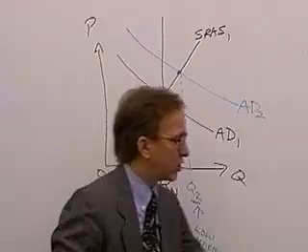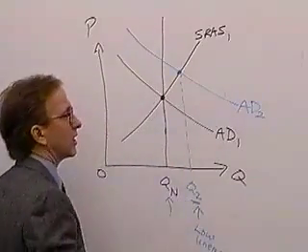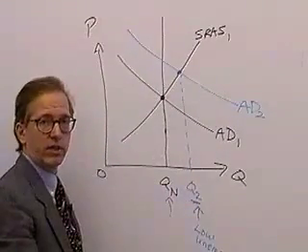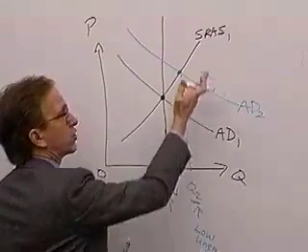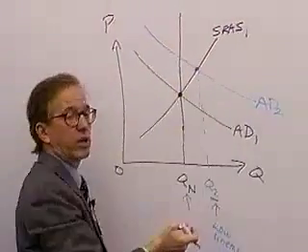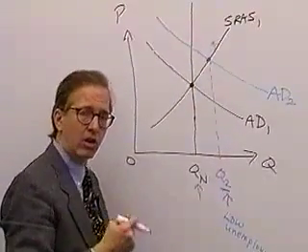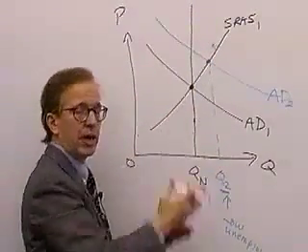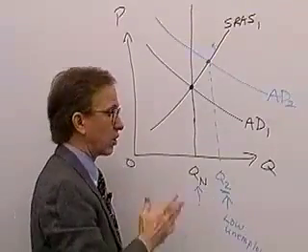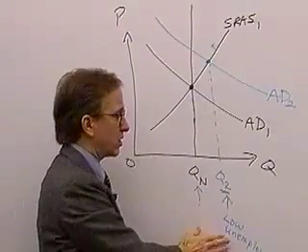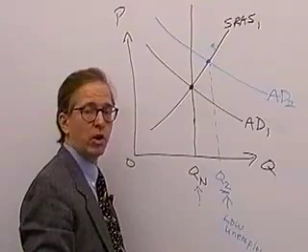So when wages start to rise, our aggregate supply curve will shift. And if you recall, rising wages cause aggregate supply to shift to the left, or a decrease in aggregate supply, so the curve starts shifting back to the left. How long will that continue for this aggregate supply to decrease? And the answer is as long as wages are going up. And wages will continue rising as long as there's low unemployment.